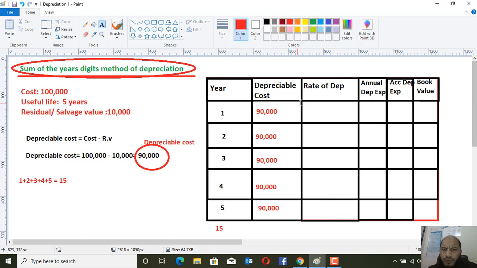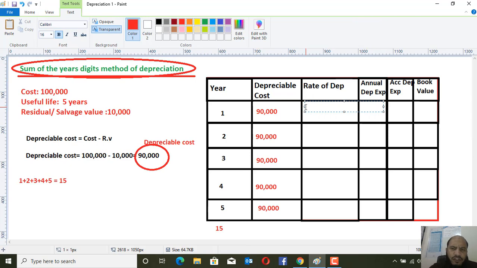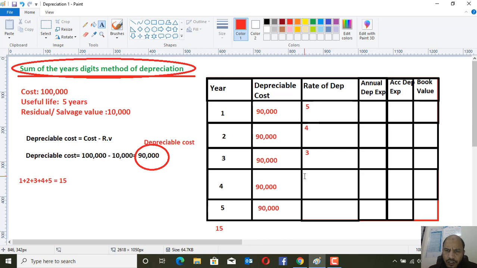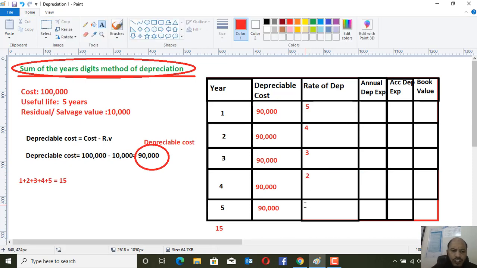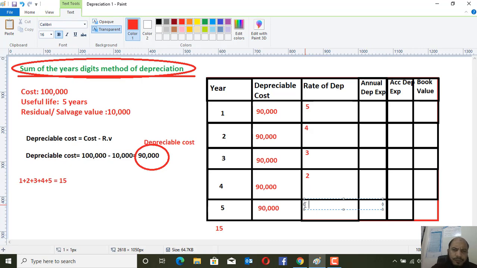So we will write down here 5 years remaining. Here 4 years remained. How many years remained here? 3 years. Here 2 years. And here 1 year.